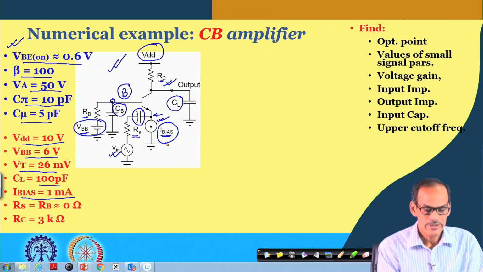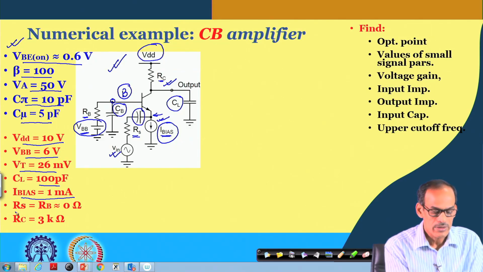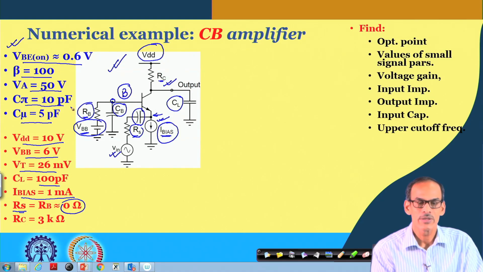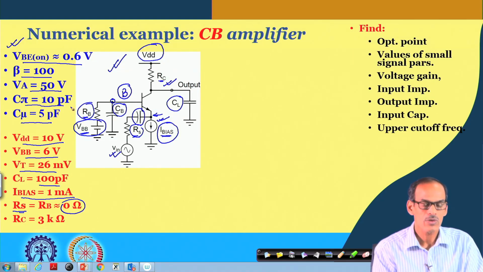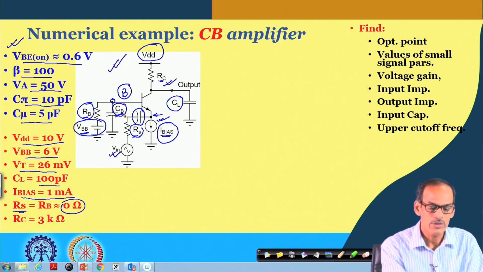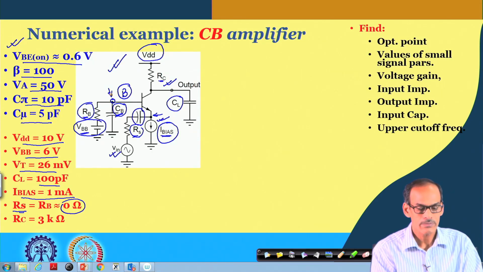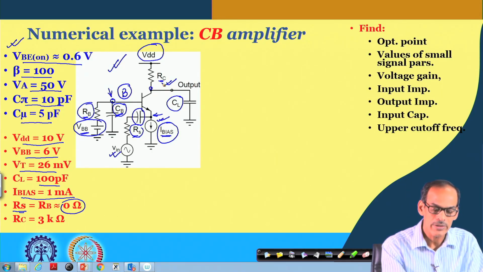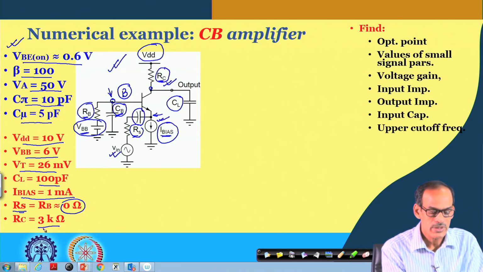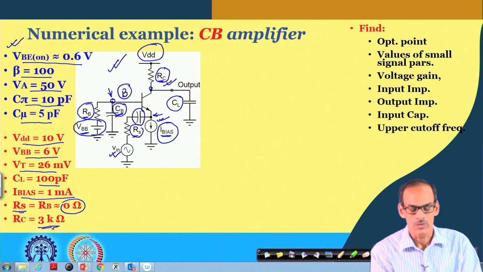And in this numerical example, let us consider that the source resistance R_s is equal to 0 and also the Thevenin equivalent resistance for the base bias R_b is very small. So, whether we have C_b or not, we can consider that the base terminal is AC ground. At the collector terminal, on the other hand, we have a practical circuit R_c, and let us consider its value to be 3 kilo ohm.